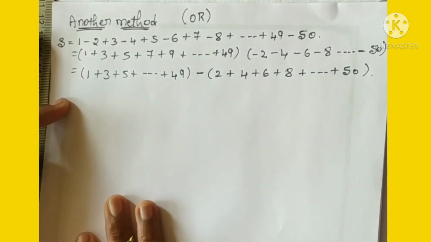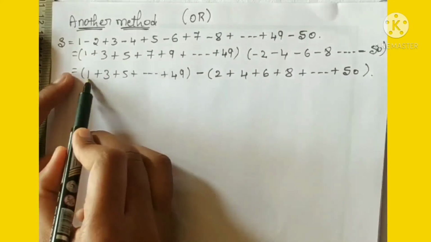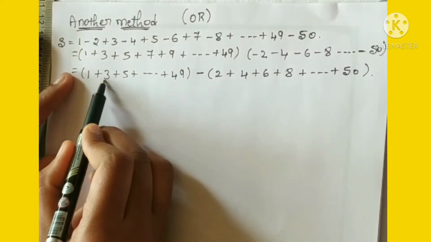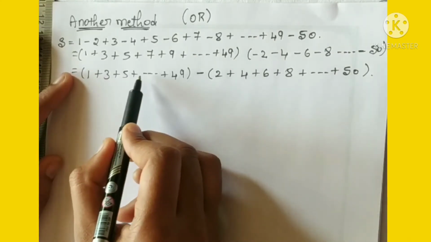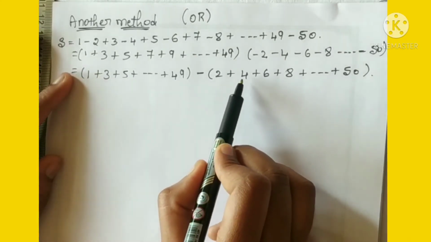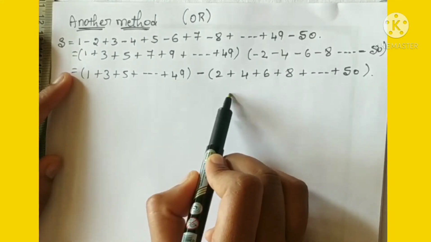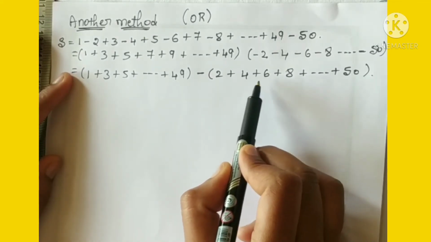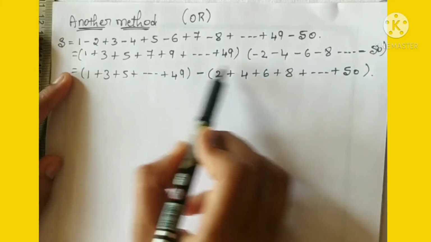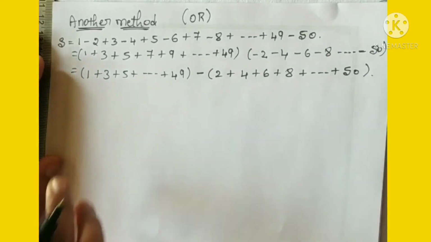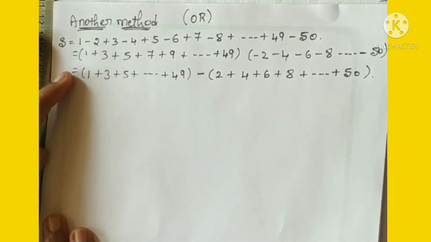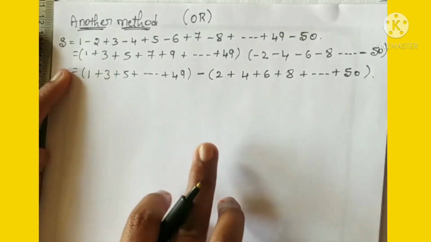Suppose if you observe 3 minus 1 is 2, 5 minus 3 is 2. Similarly, here 4 minus 2 is 2, 8 minus 6 is 2. So these two sets of numbers are in arithmetic progression. Now we have to apply arithmetic progression formula for this sequence of numbers.